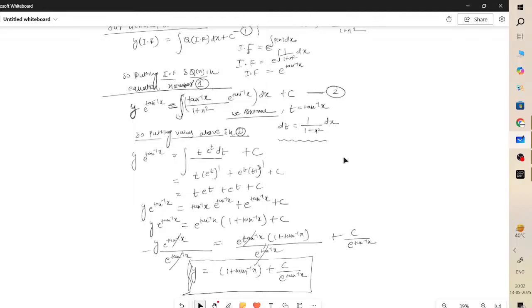So can we move to the next question? If we have analyzed this question, try to analyze how we approach this question, and why we try to convert dy by dx in the form of dy/dx + Py = Q(x).